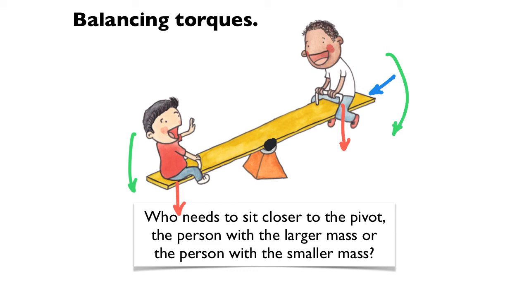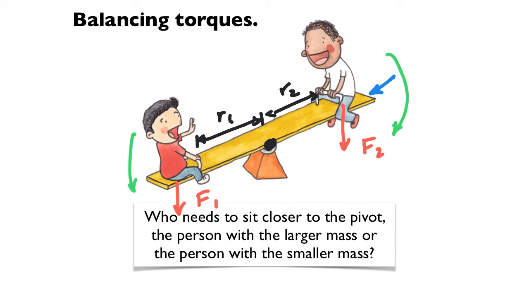So they're going to have to sit at different distances because they have different weights, and so the forces they apply are different. The distance that they sit from the pivot point has to be different as well, because we want these two torques to balance. We want this teeter-totter to be approximately in static equilibrium. We want it to not be going anywhere.